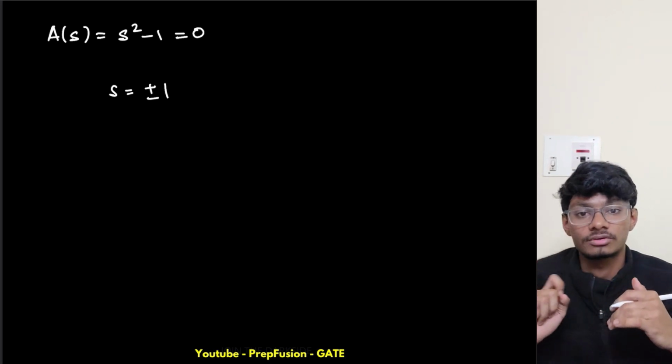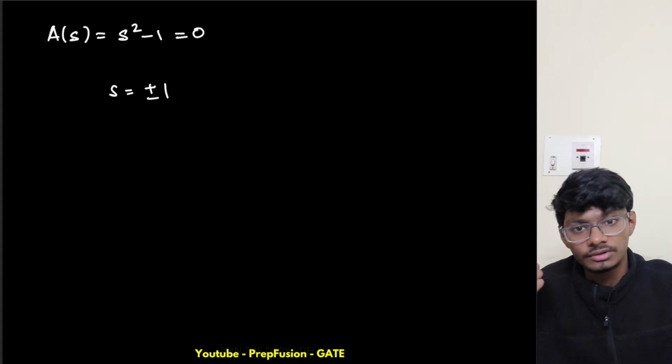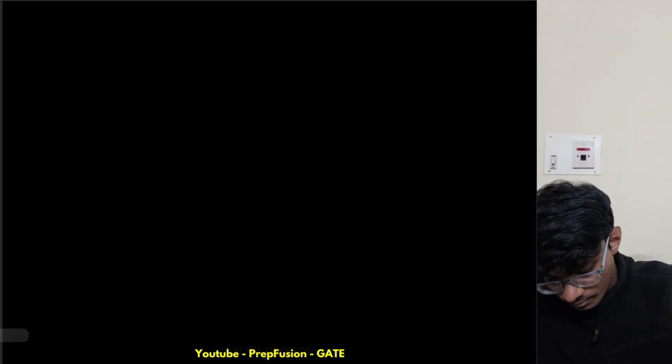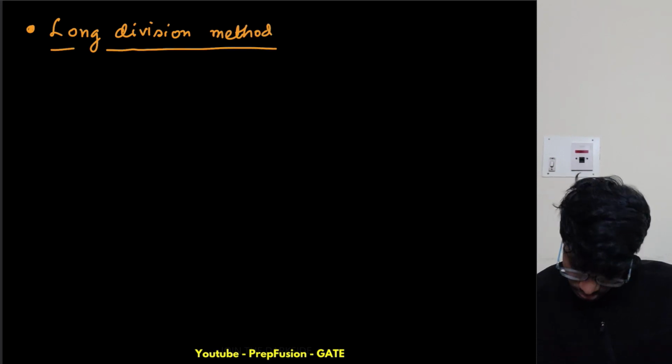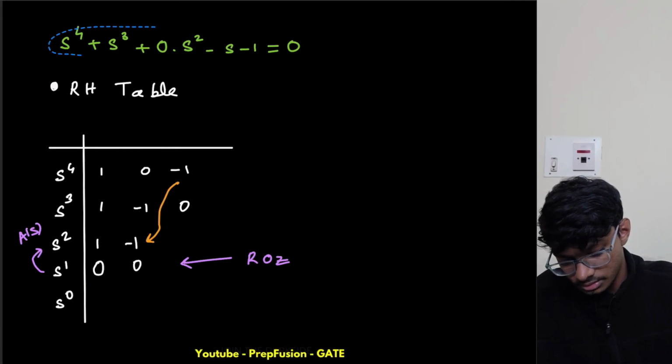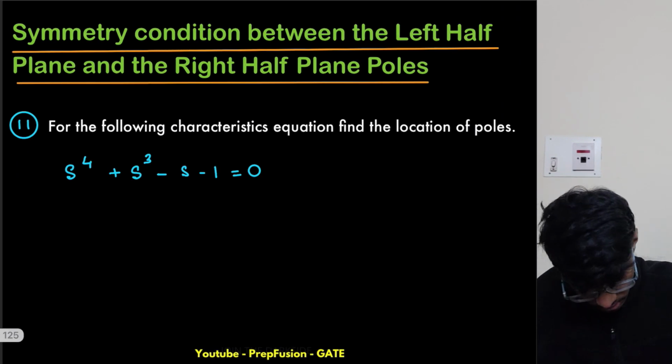But now let's check for the other roots. Again, we'll use our long division method to find the other roots. So what is my equation? Basically the characteristic equation is this one, so I'll copy this one.